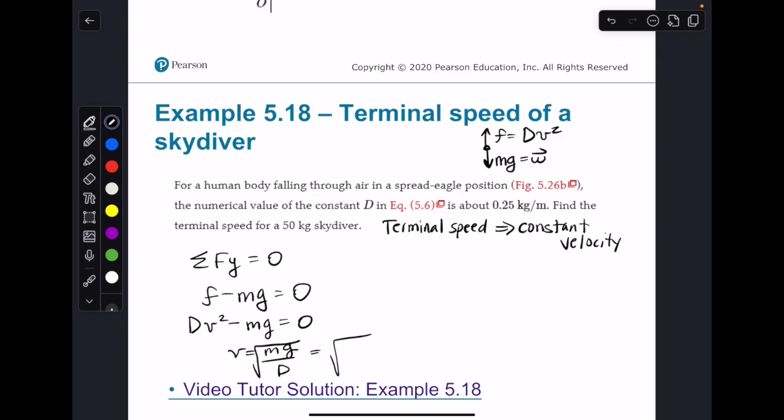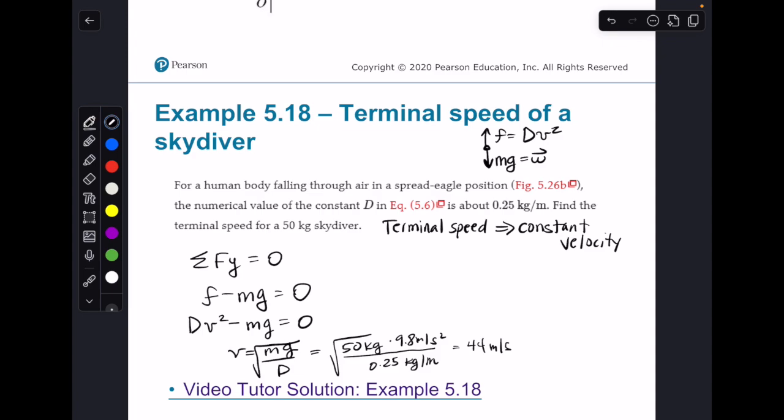And the terminal velocity for a person in the spread eagle position is going to be .44 meters per second. How many miles per hour is that?